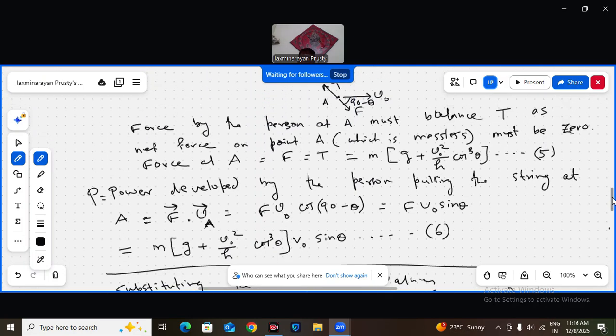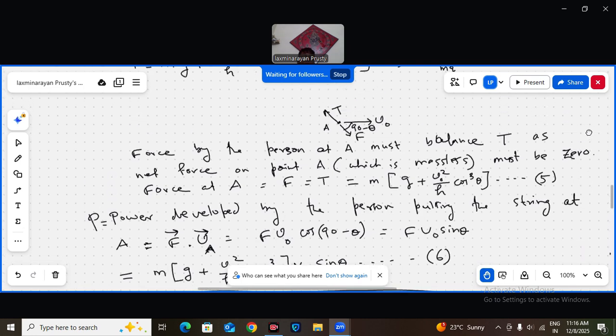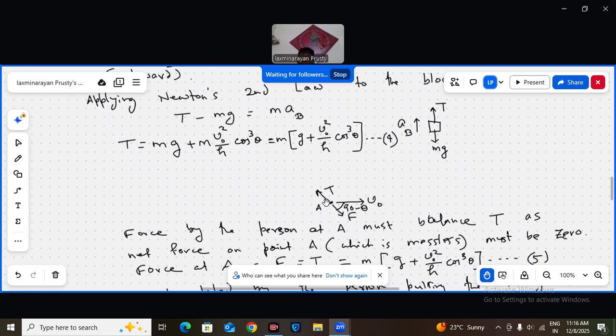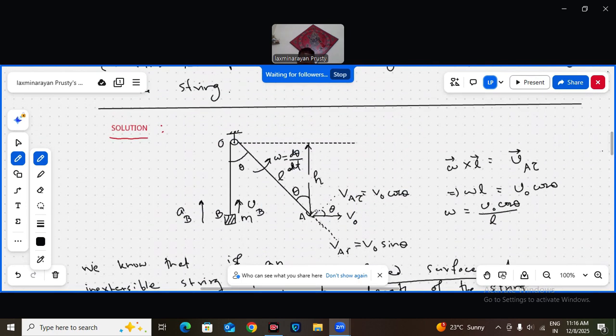Then what is the power developed by the person? What is the power developed? Let us see. F is along the length, whereas velocity is to the right. Angle between them is 90 minus theta. See this main diagram. If this is theta, this is 90 minus theta. Yes or no? So that is F in this direction, V in this direction.